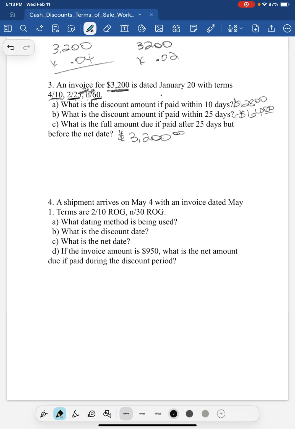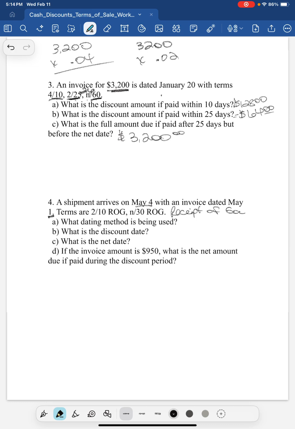And this is kind of dealing with the different ways that businesses mark terms of sales with their dating methods. Okay, a shipment arrives on May 4th with an invoice dated May 1st. Terms are 2/10 ROG, N30 ROG. Okay, the first thing you need to know is, what does ROG mean? And it talks about it in your module. That is receipt of goods.